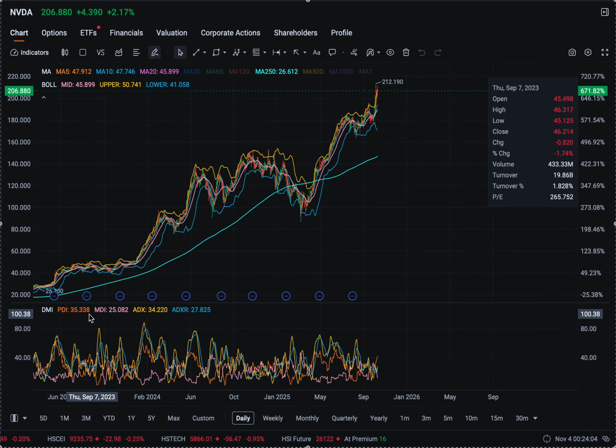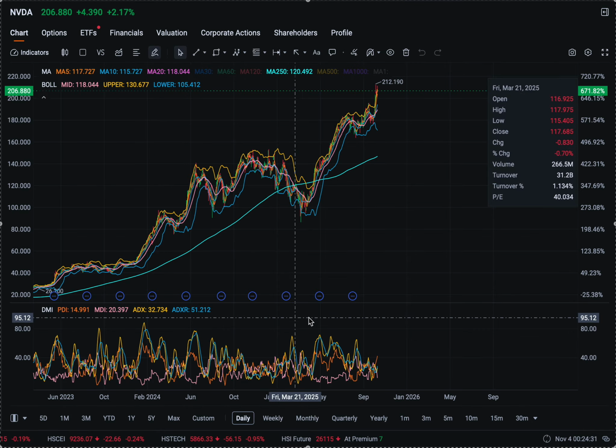Actually, it's not really measuring the strength, it's more so telling you if it's a plus trend, which is a bullish trend, and MDI measures a bearish trend. And then the third line is ADX, the actual indicator that's measuring the strength of the trend.